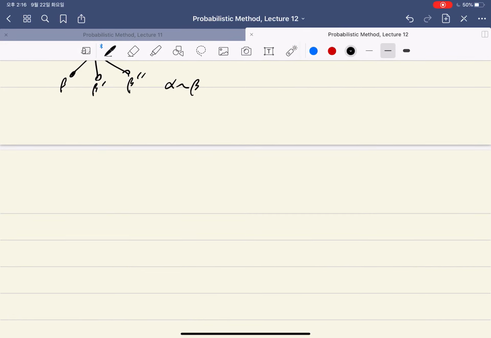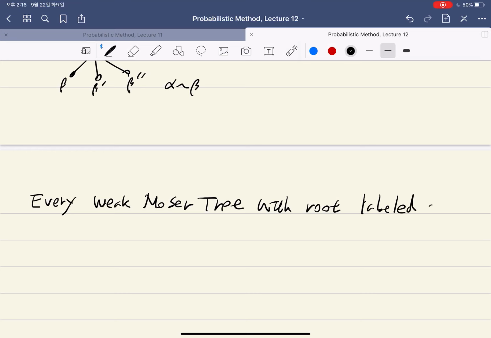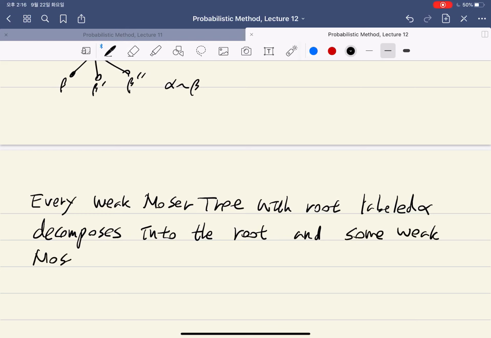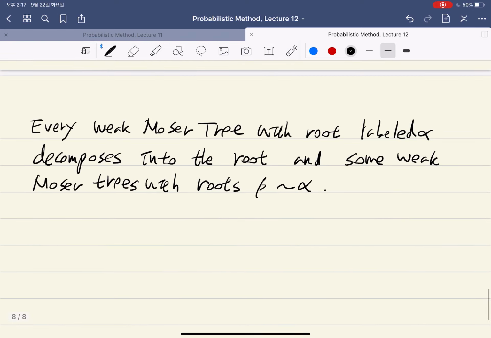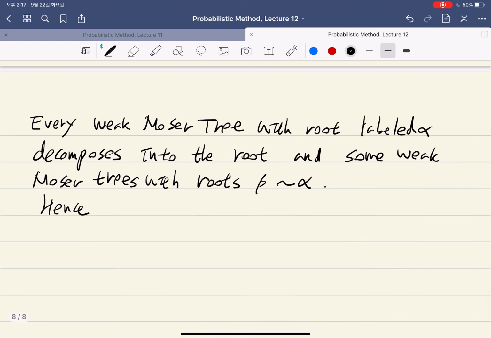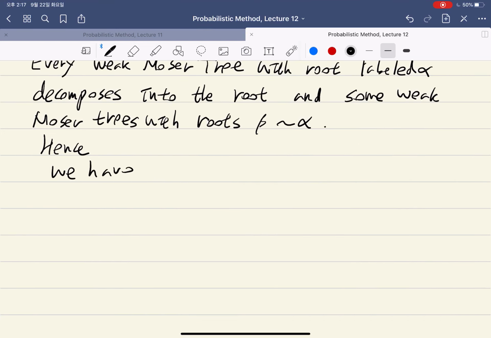So every weak module tree with root labeled alpha decomposes into the root and some weak module trees with roots beta. Hence, we have the following recursion.